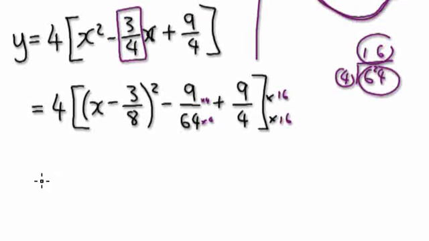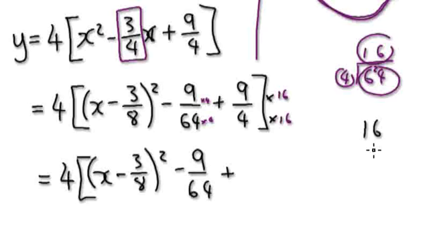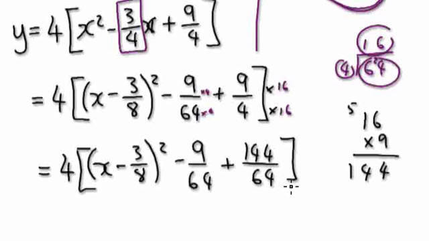So this then becomes 4 times (x minus 3 over 8) squared, take away 9 over 64, and then add 16 times 9. 16 times 9 is 144, so it's 144 over 64. Close it off.